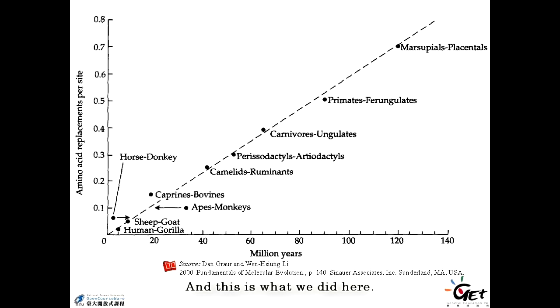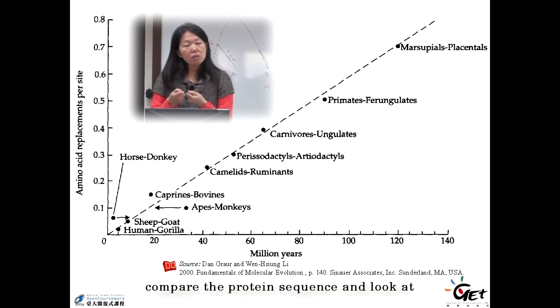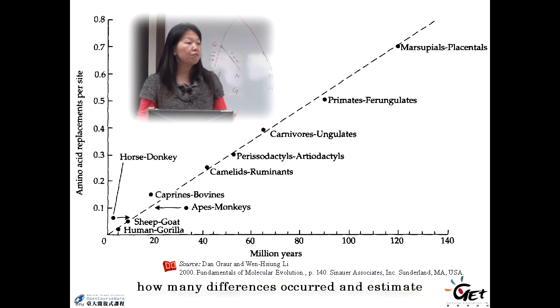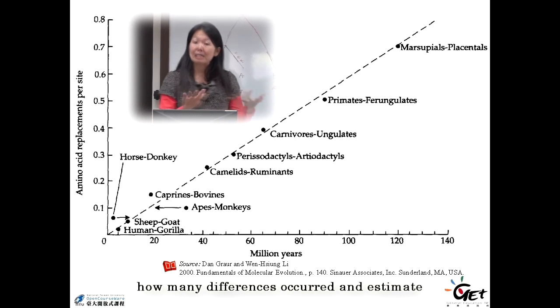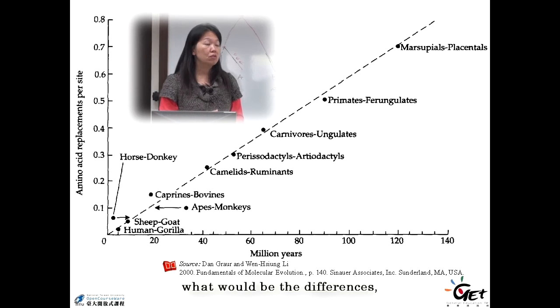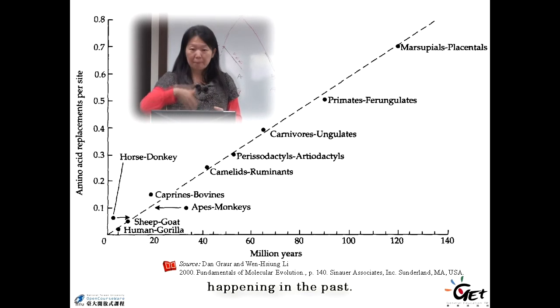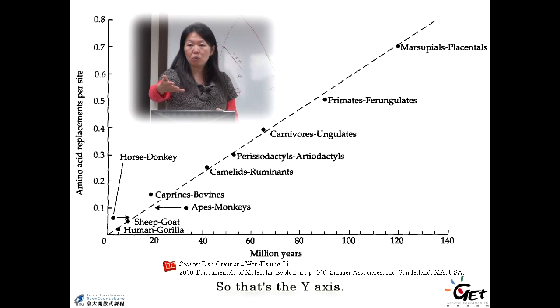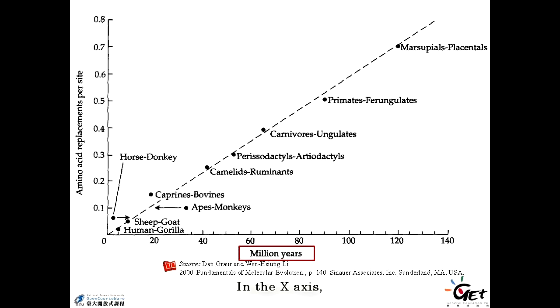And this is what we did here. The y-axis is the replacement: we compare the protein sequences, look at how many differences occurred, and estimate the changes that happened in the past. And the x-axis is the years.